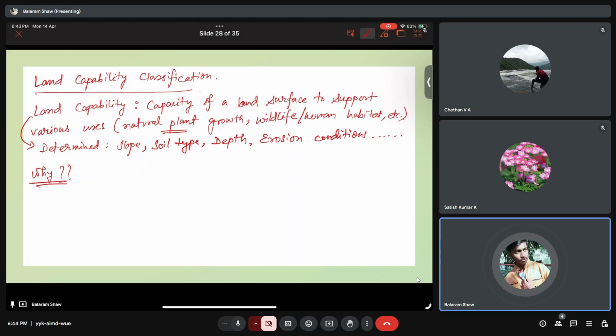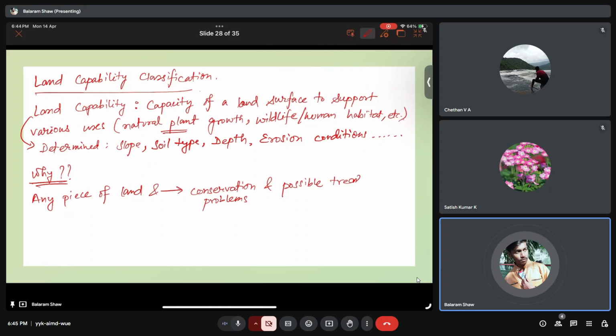So we do this to understand whether any piece of land is defined for some conservation problems and possible treatments.